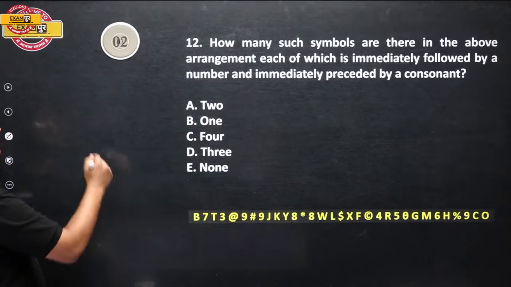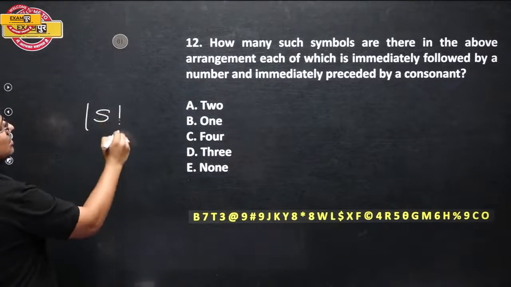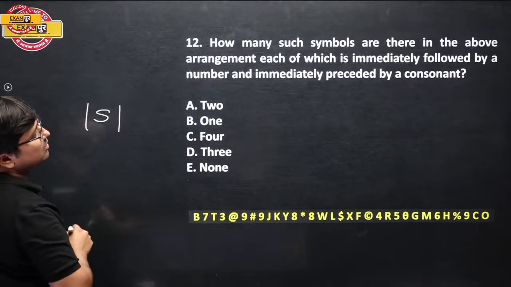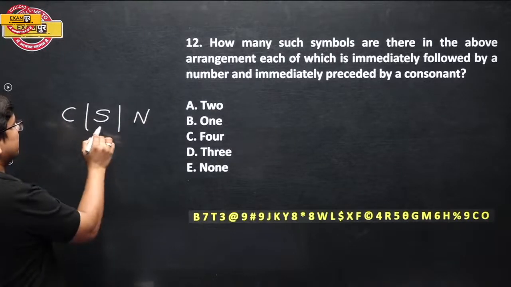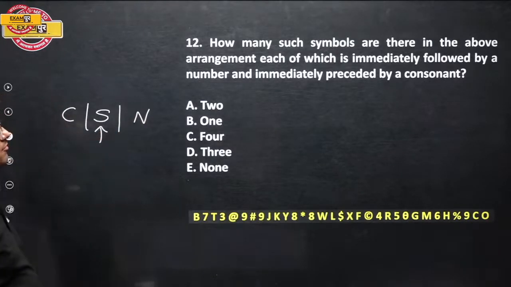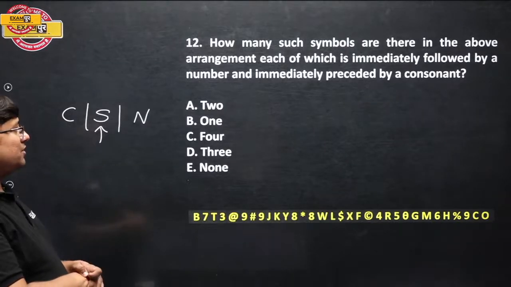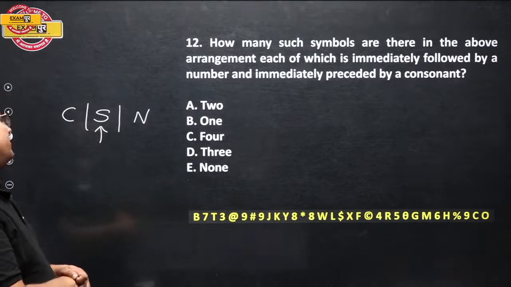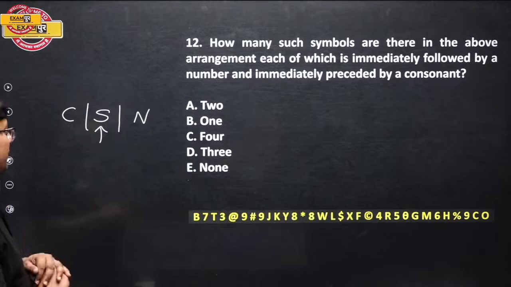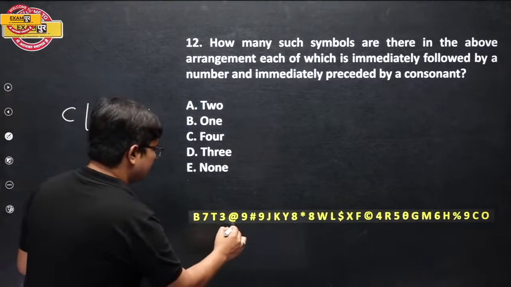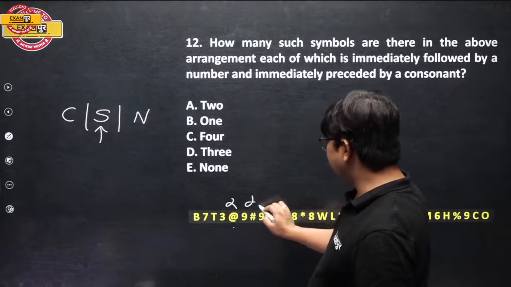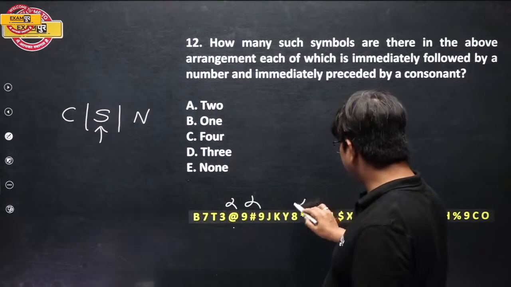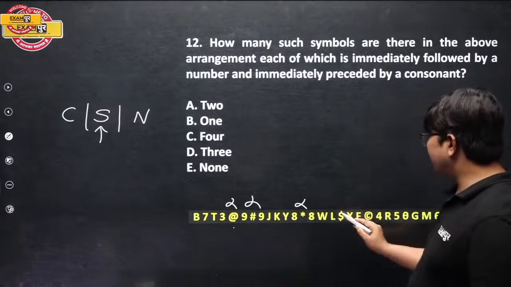How many such symbols are there in the above arrangement, each of which is immediately followed by a number and immediately preceded by a consonant? Okay, so symbol immediately preceded by consonant? No. Symbol immediately preceded by consonant? No. Symbol immediately preceded by consonant?